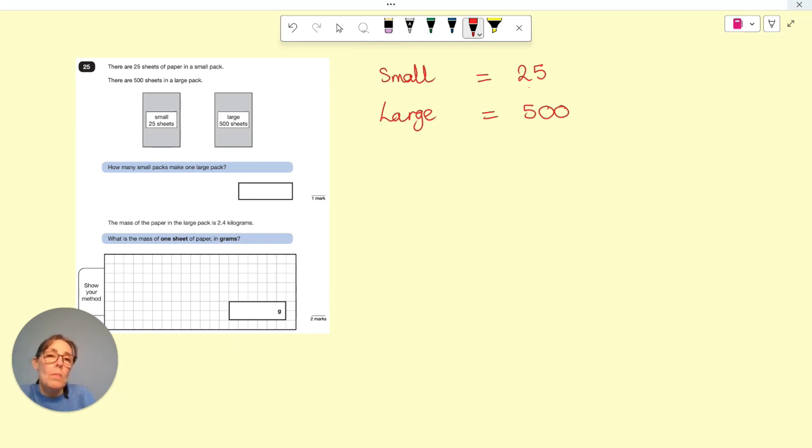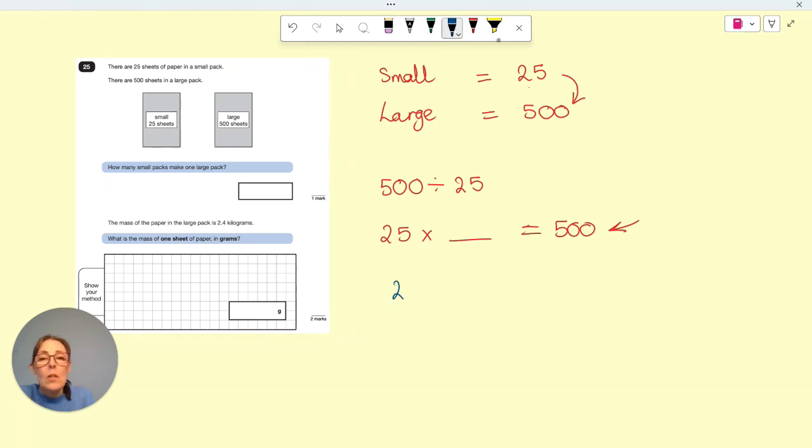Right, so I've got to work out what I multiply 25 by to make 500. We could do 500 divided by 25, or we could do 25 times something equals 500, which I'm going to do that way because I know that 25 times 10 equals 250, and then I know 250 multiplied by 2 is 500.